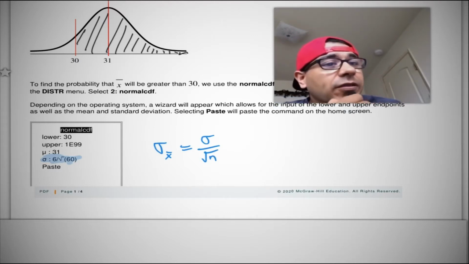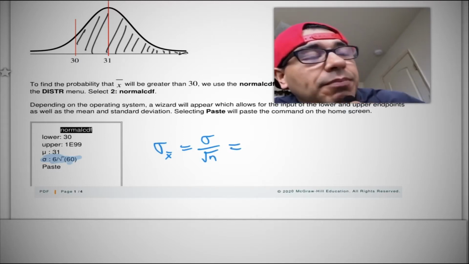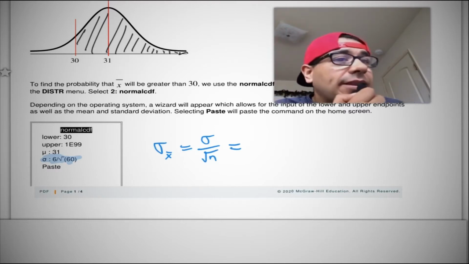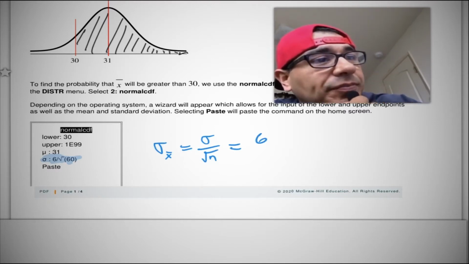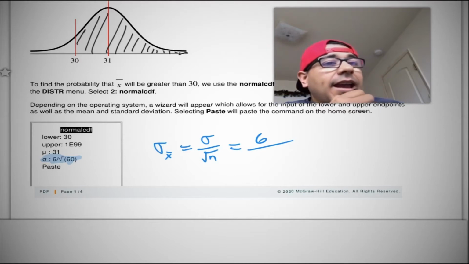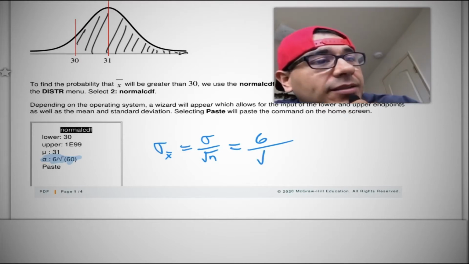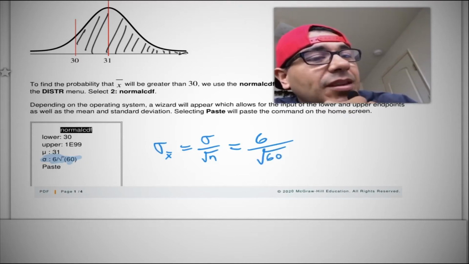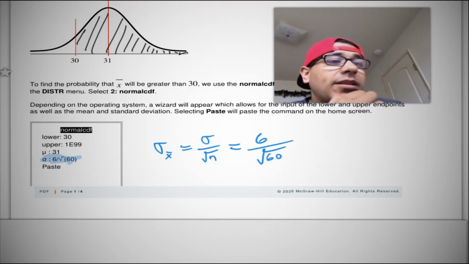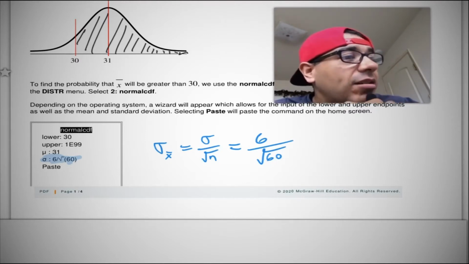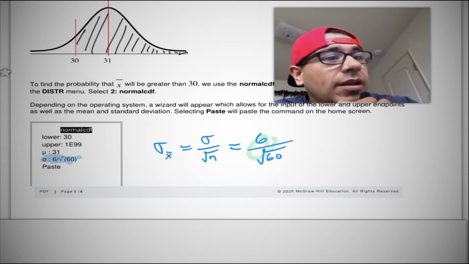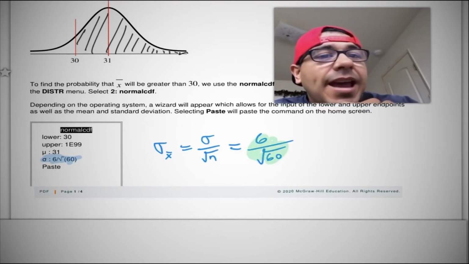For this example, the population standard deviation that was given was 6, and our sample size was 60. We're not going to round it; we're going to enter it into our calculator exactly like that, just like you see this fraction.